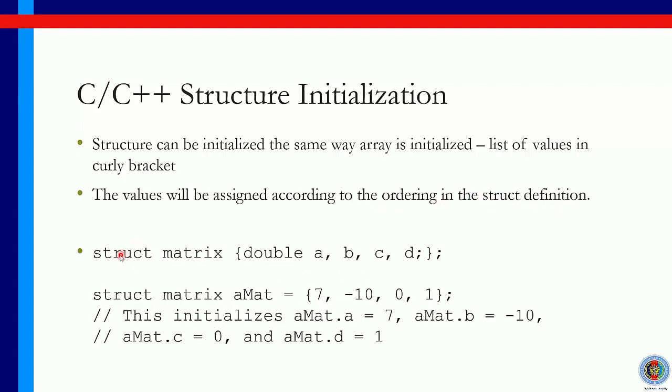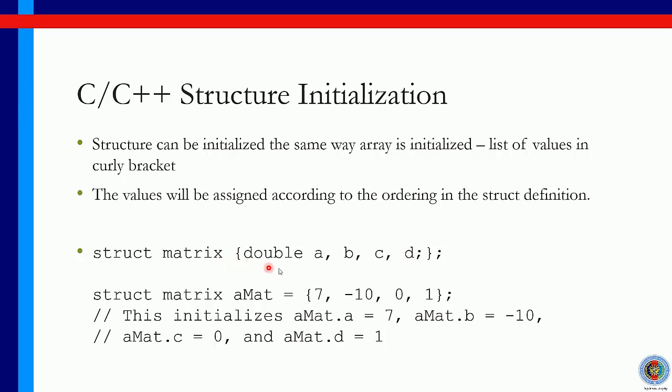For example, if we declare a structure named matrix, struct matrix, in between the two curly brackets that follow, we declare four doubles A, B, C, D to constitute 4 elements in a 2 by 2 matrix.